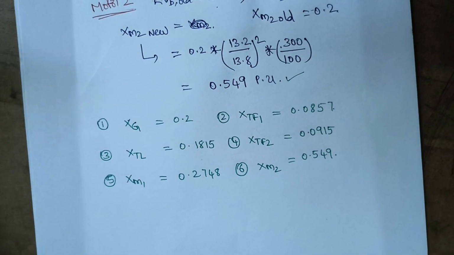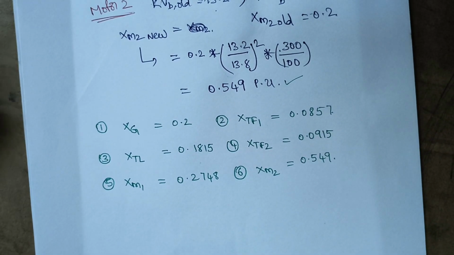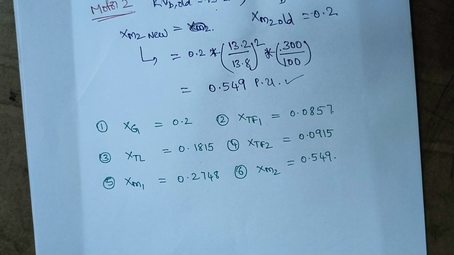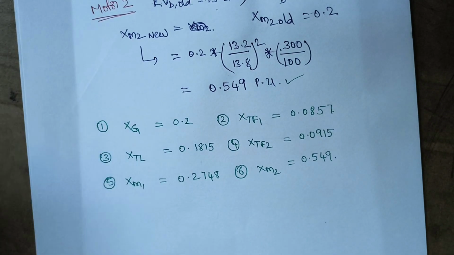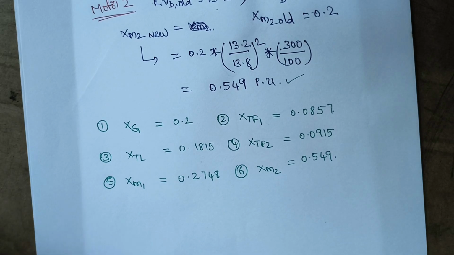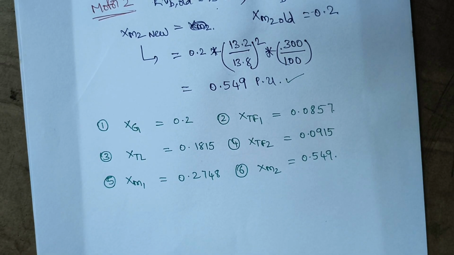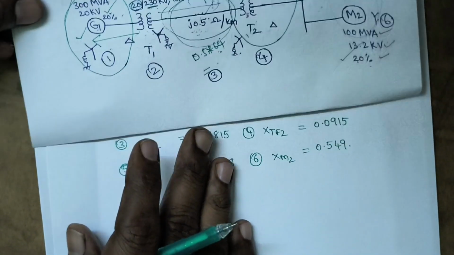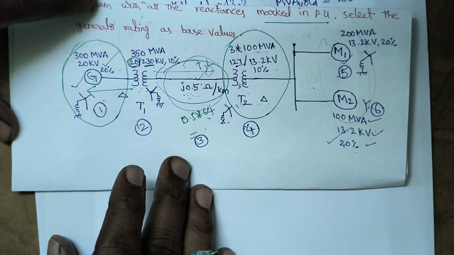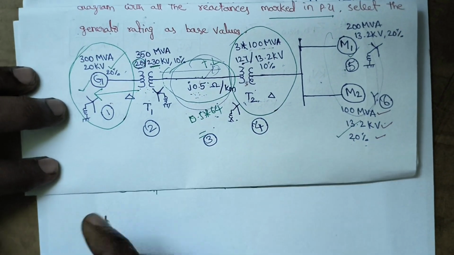So now, by seeing the problem, how do I draw the reactance diagram or impedance diagram? Just observe. It is very simple, you can easily draw this one. First, this is the diagram that they have given. First I will take the generator.